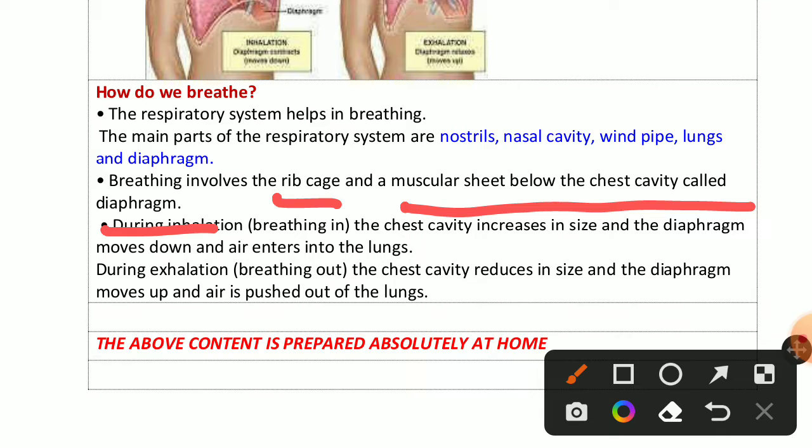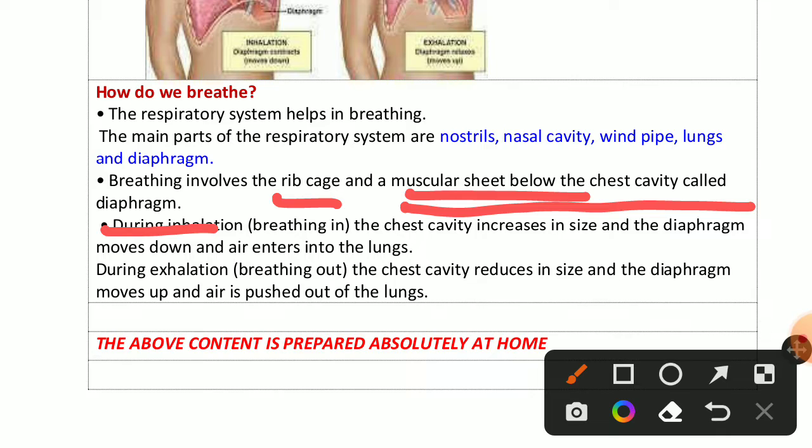Ribs are bones which surround our chest cavity and protect our lungs and heart. That is called the rib cage. Muscular sheath, as I told, means diaphragm. The diaphragm is the muscular floor of the chest cavity.